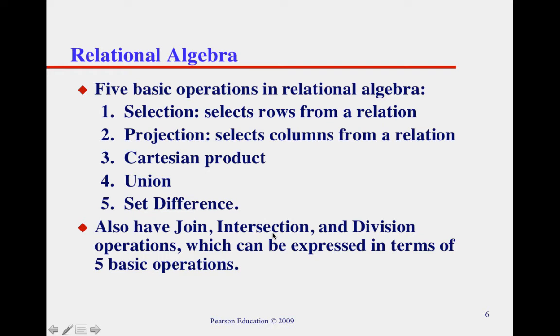And an operation called division that also can be done through set difference. And we'll show you as we get to it how you can do that. But the 5 basic operations are select, project, Cartesian product, union, set difference. Strictly speaking, join, intersection, and division are courtesy operations.